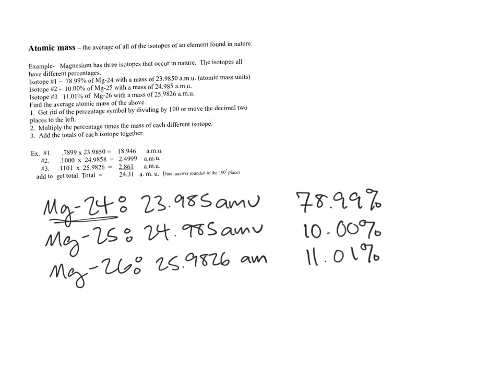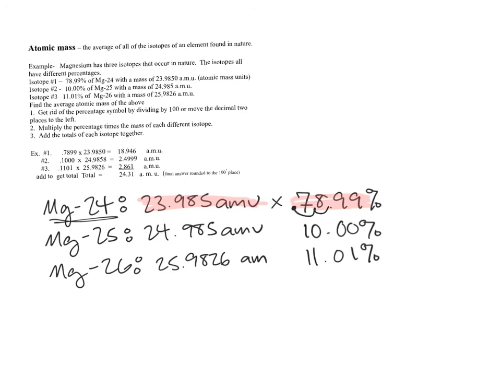And mathematically, the way to do that is to take the mass of each thing, so mass of 24, and multiply it by its percentage. So we're going to do 23.985 times 78.99. But whenever you do that, you have to move your decimal over 2 places to change the percent into a decimal.